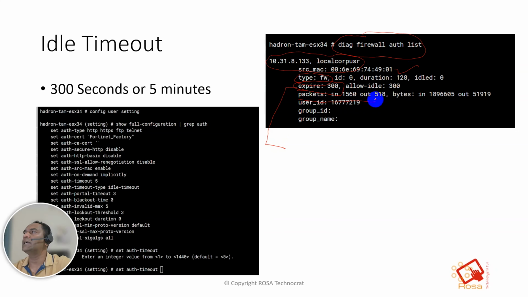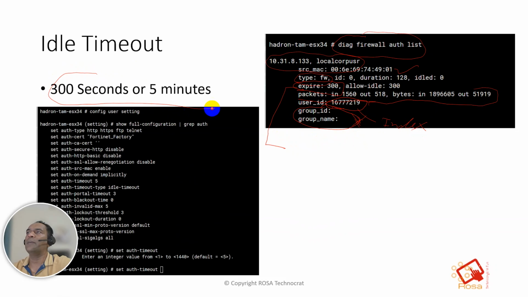You also see how much data he has transferred, bytes in and out, and the user ID. This is an index number, internal to the FortiGate, nothing matters. Then the group ID and group name if this user belongs to some group. In my case, he does not belong to any group, so no information is shown here.